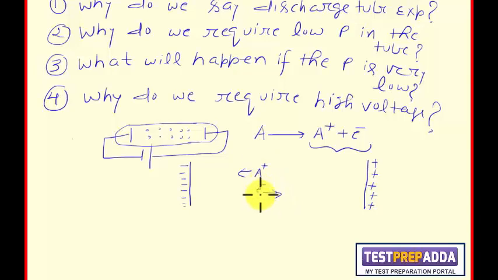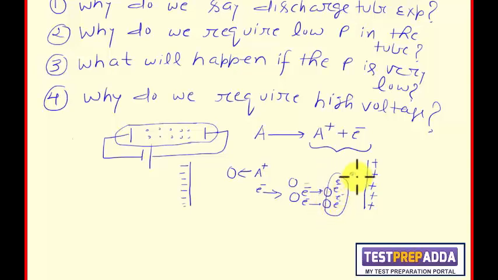Now, when these particles move on their way, they collide with the atoms of the gas. And if they collide with sufficient energy or speed, this atom may give an electron. One electron was already there. Now you can imagine the two electrons will move together, and they may collide with two more atoms and produce two more electrons. Two were there, two are produced, now four electrons.